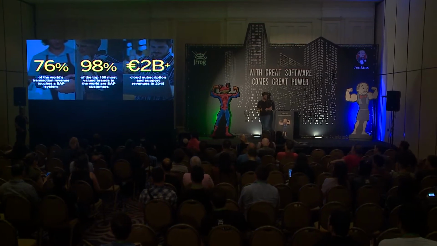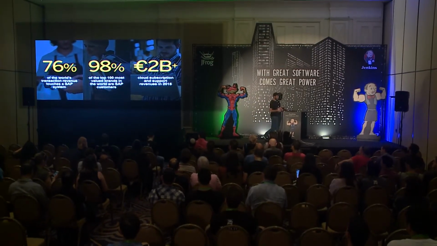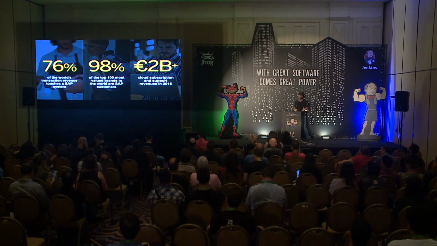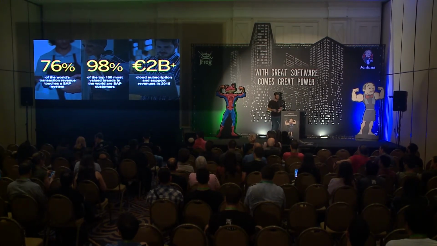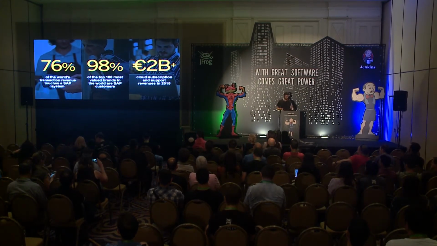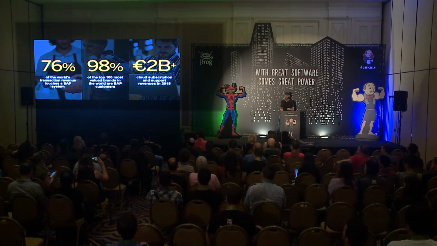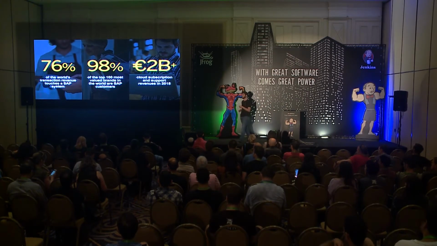So first, a quick mandatory slide about what is SAP. SAP is a very large company, about 80,000 and something employees. It's a software company. Here you can see that about 70-something% of the world's revenue transactions somehow go through SAP systems.